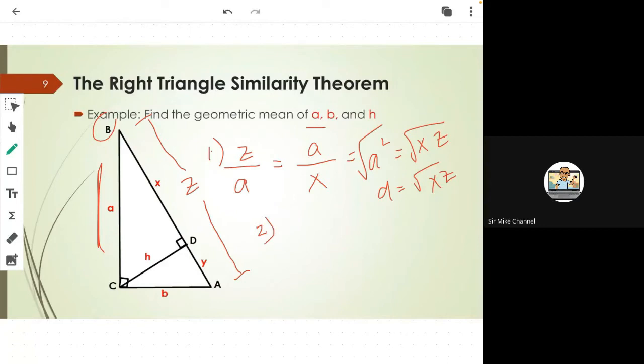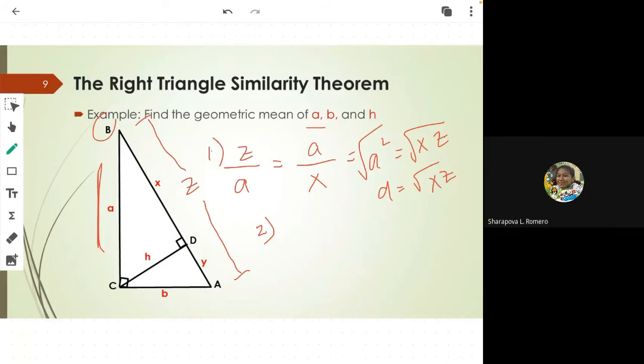Okay, ano sagot natin sa number 2? So, gawa kayo ng proportional ratio natin. Anyone? Okay, Romero again.